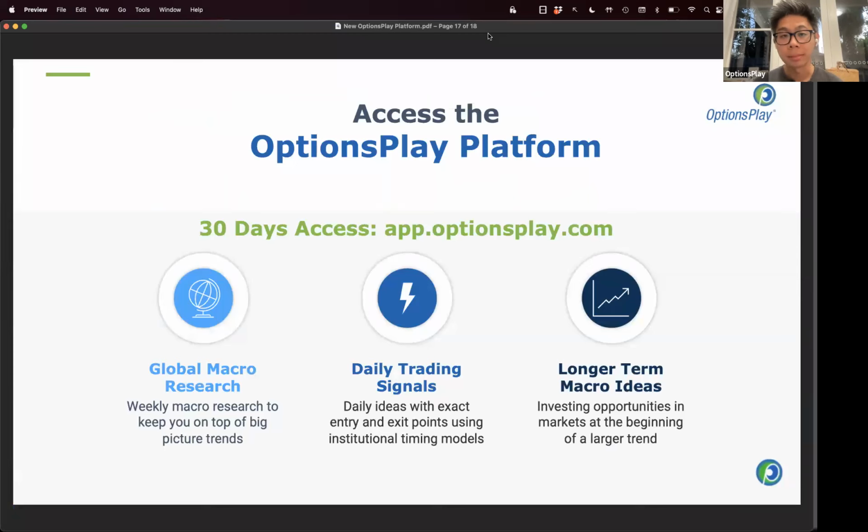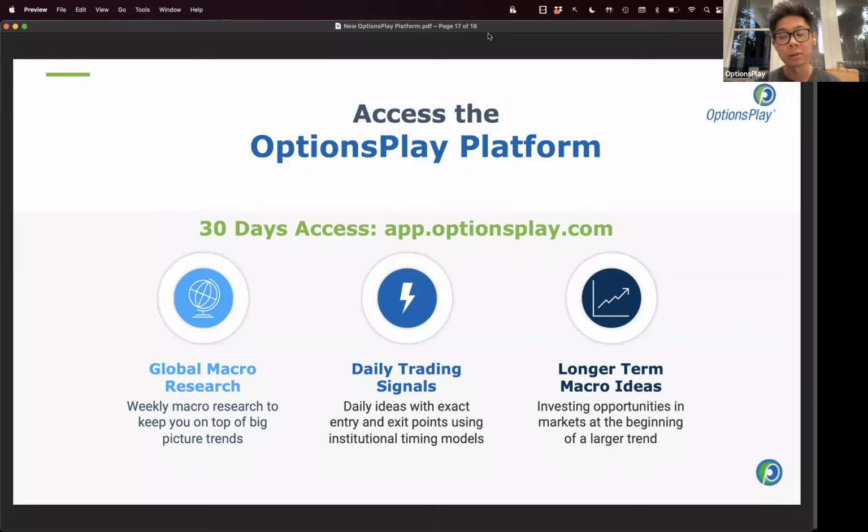So just to wrap up, I covered a lot of things, and this is just scratching the surface as to what's available to you for your 30-day access. You have access to the full platform, mobile, desktop, all of our research from Rick Benson-Yor, the daily trading signals, the weekly macro research, and Thursday education sessions with Jessica Inskip, our new director of education, and myself.